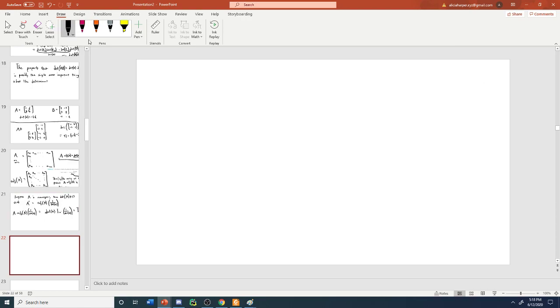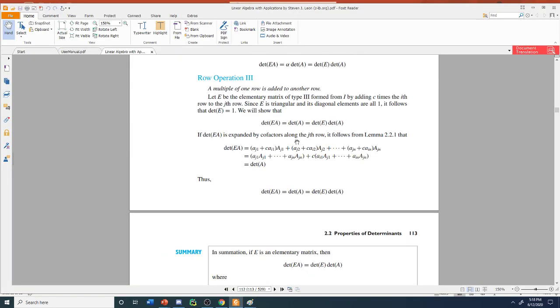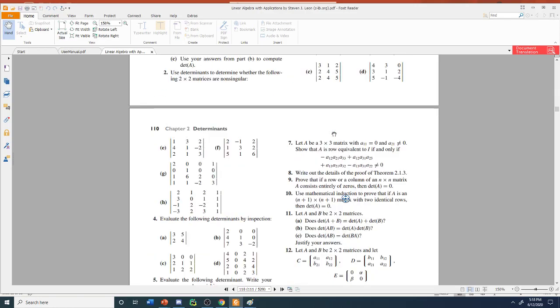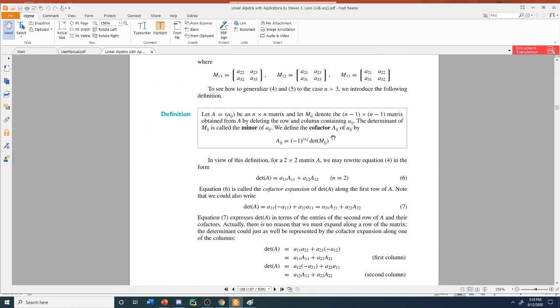Suppose I look at the following matrix. Maybe A equals, let's see, how would I steal something from the book?